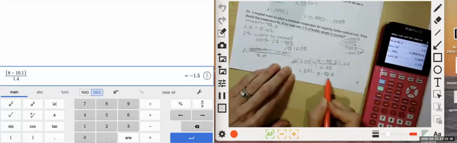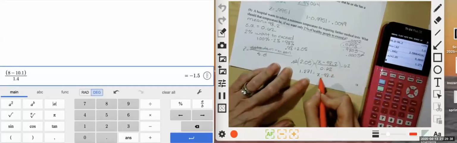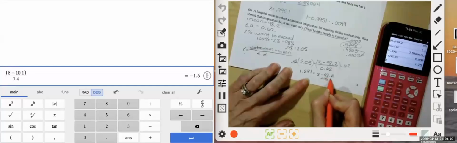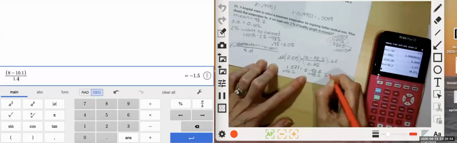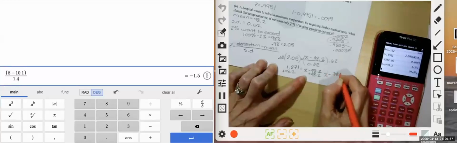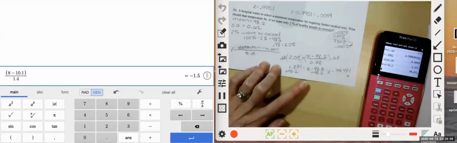So to get rid of this, I need to add 98.2 to each side. So plus 98.2, and x equals 99.471.